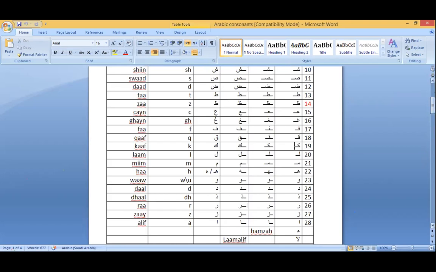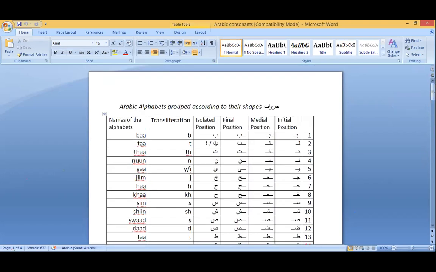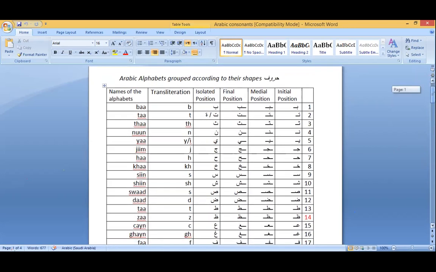Remember we said Ta: this Ta is called Ta Maftuha, and this one we said is called Ta Marbuta. And again, remember the letters that we might see pronounced similarly, but they're totally different, like Ha and Ha, A and A, Qa and Ka, Sa, Sha, Wa, Ta, Dha, Tha, and the rest.